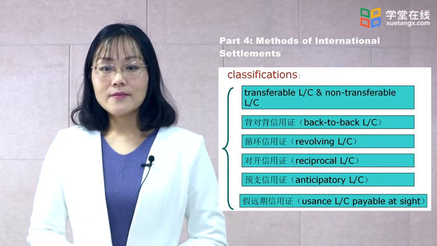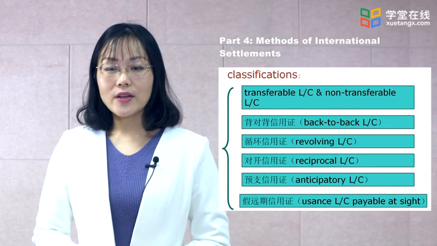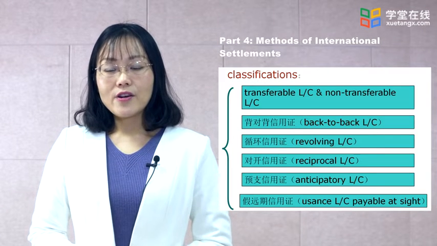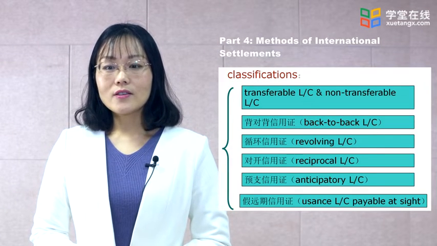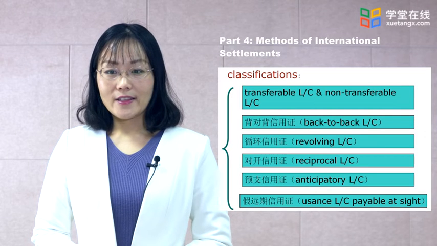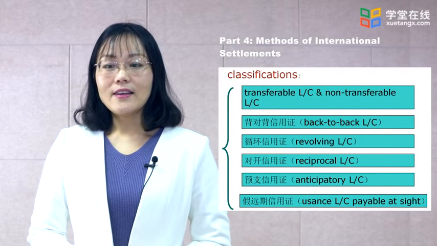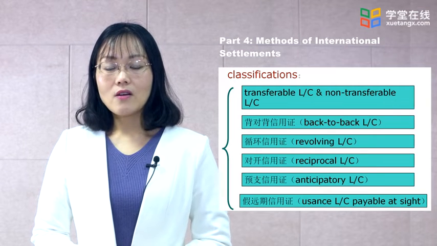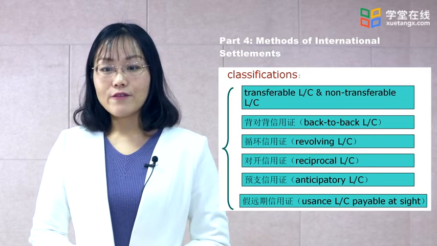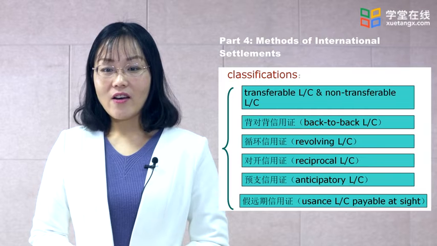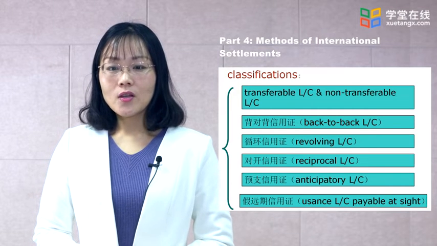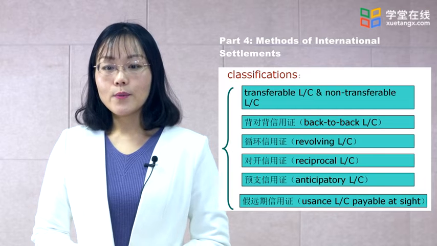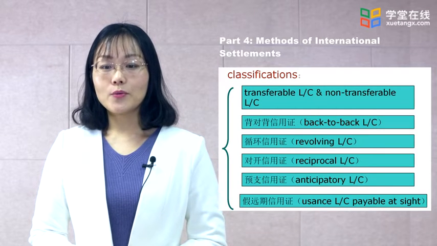The third type is anticipatory credit, also called Red Clause credit. It's a credit with a special clause that authorizes the confirming bank or any other nominated bank to make advances to the beneficiary before presentation of documents.